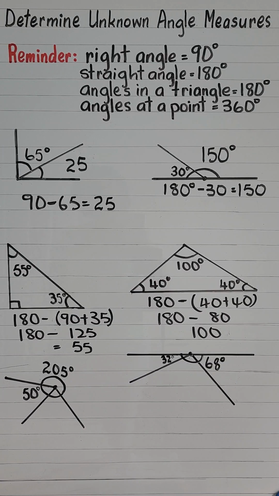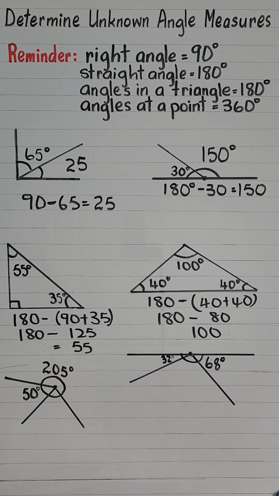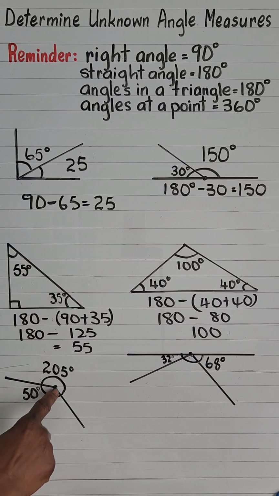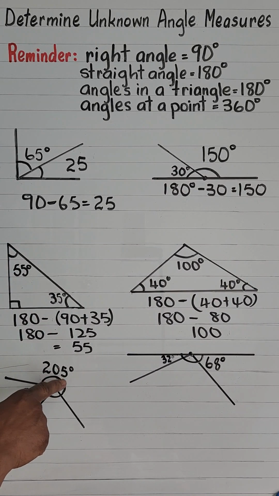Next, we have a full angle, or angles at a point, measures 360 degrees, angles around a point. So we're going to add these two known angles, 205 plus 50, and then we subtract from 360.